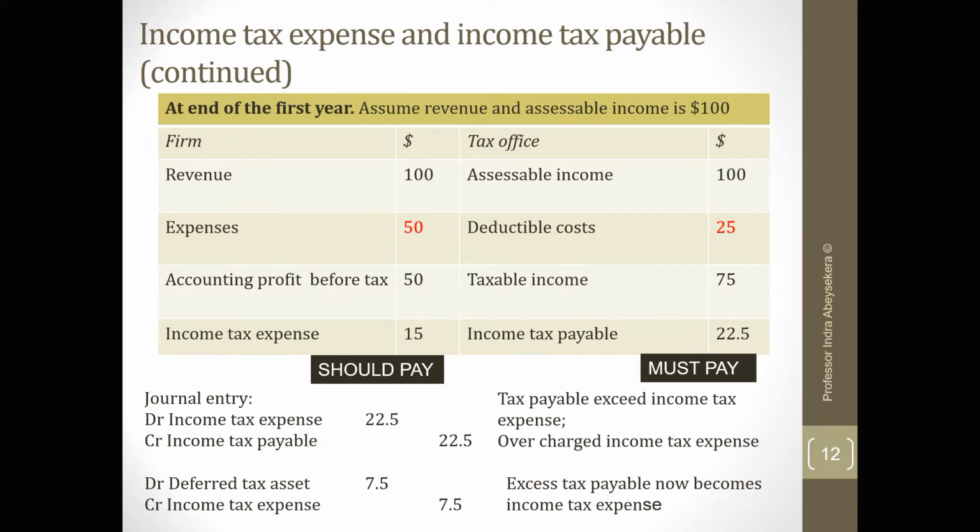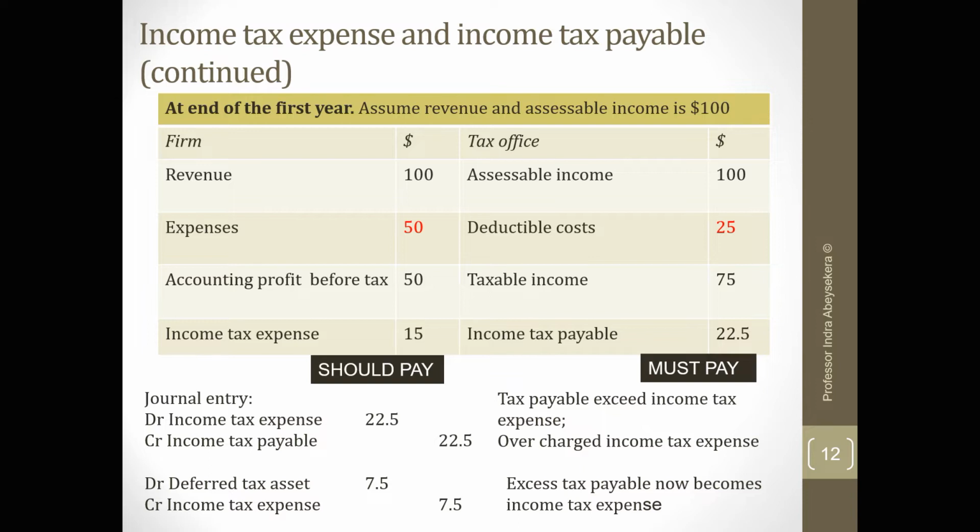So here's another example. In this example, we've taken the asset, the transactions, revenue and expenses, the accounting profit and the income tax expense. So this is for the first year of that depreciation, and for the tax office, there's assessable income, deductible costs, taxable income, and then income tax payable.